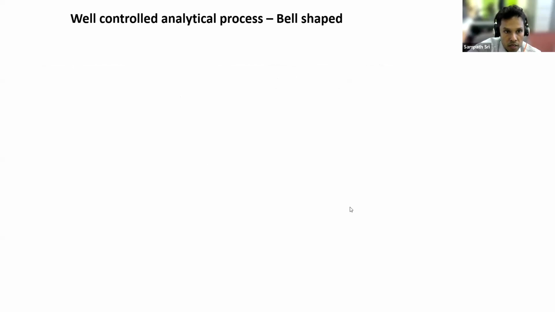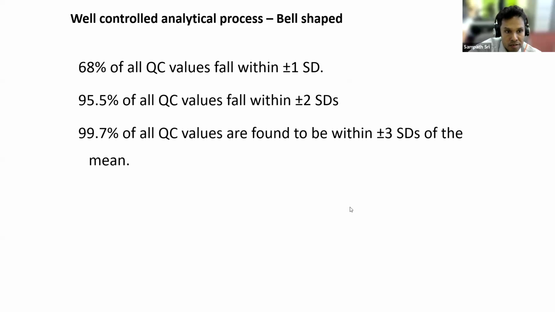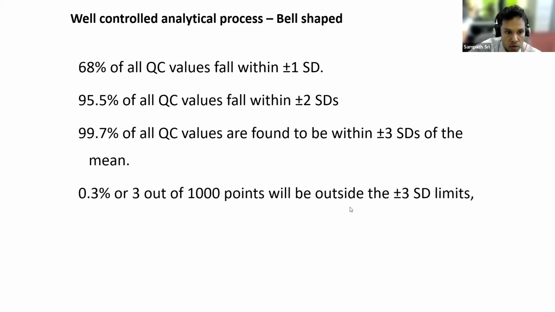If we have a well-controlled process, as you already know, all the data appear in a bell-shaped curve. So 68% of all values should fall within 1 SD, 95.5% will be within plus or minus 2 SD, and 99.7% will be within plus or minus 3 SD, and only 0.3% will be outside 3 SD limits.